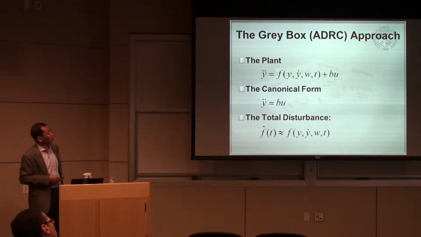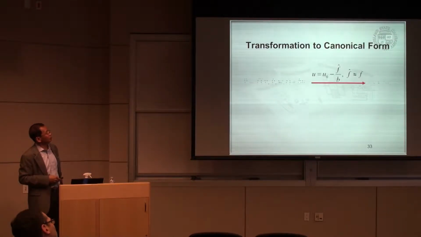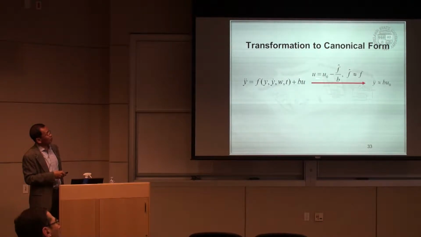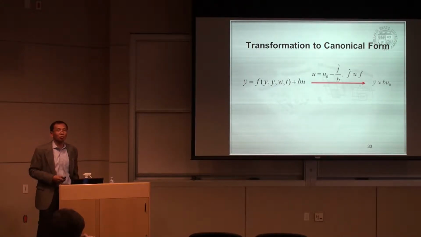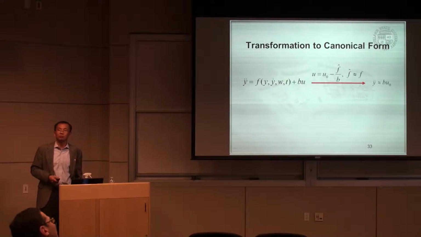Right? So that's the basic idea of active disturbance rejection. So if we can estimate F, and we can, in real time, and we compensate for it, we reduce the messy, nonlinear, time-varying, uncertain plant to something more ideal. So the key here is the estimation. So we reduce the problem of uncertainty to the problem of signal processing, the problem of information.